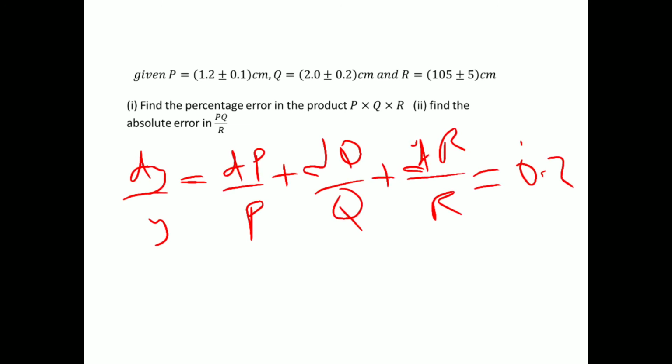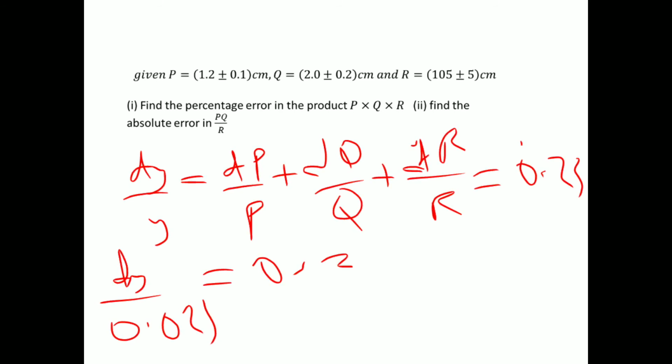Okay, we get 0.23. But in this case we are asked to find relative error. So I'm going to have dy over y. We calculated y to be 0.023, and all is equal to 0.23, which is what we calculated as the relative error. But I'm looking for the absolute error, which is dy.